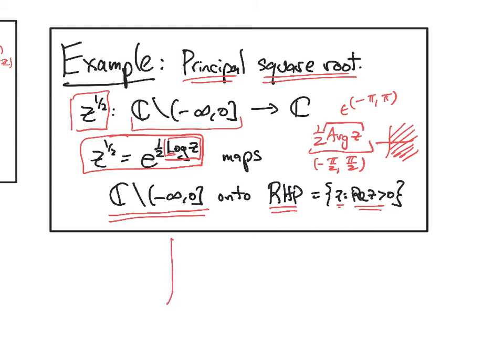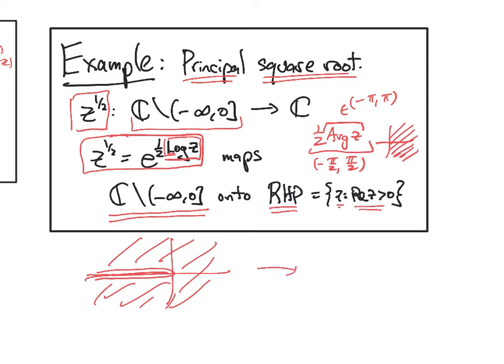And you think of the square root function as taking the plane minus this ray, and you're kind of moving the two sides of the ray over to get the right half plane. And so you're smashing it onto here. And you could consider other principal roots in a similar way, and that's a good thing to think about.